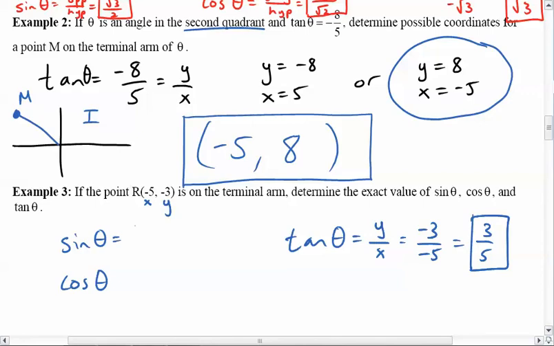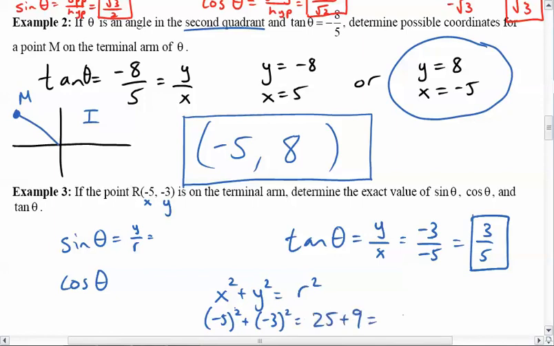To find sine, I need to know what the radius is. So I've got to use x squared plus y squared equals r squared to find the radius. 25 plus 9 is 34. So r is the square root of 34, and it's always positive.